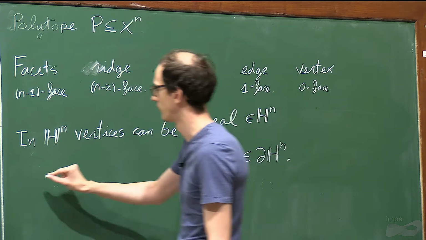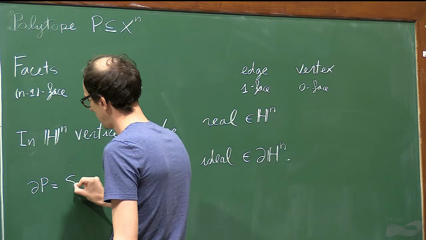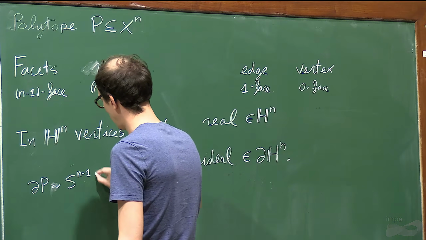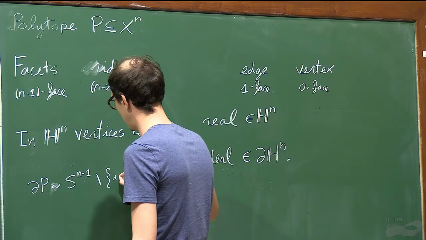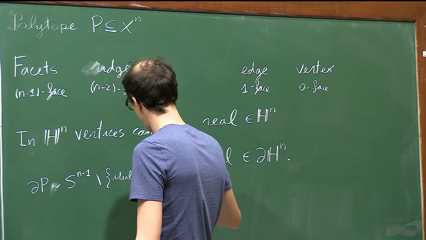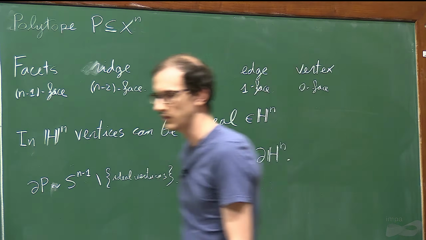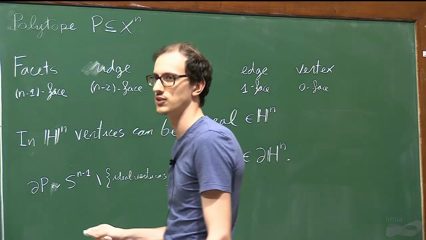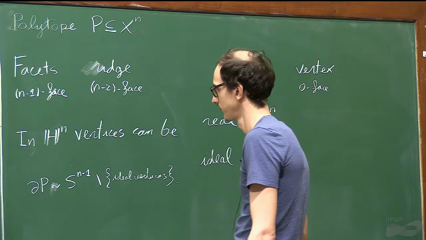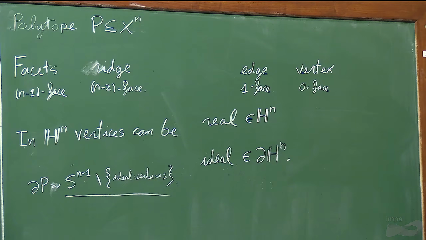So the boundary of the polytope is just homeomorphic to S^(n-1) minus the ideal vertices. And the set of facets is a cell complex on this space. Okay.